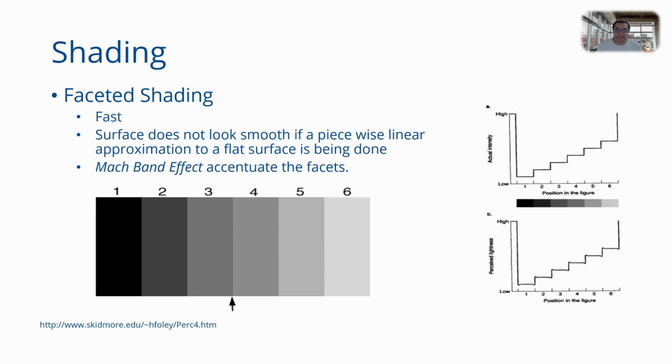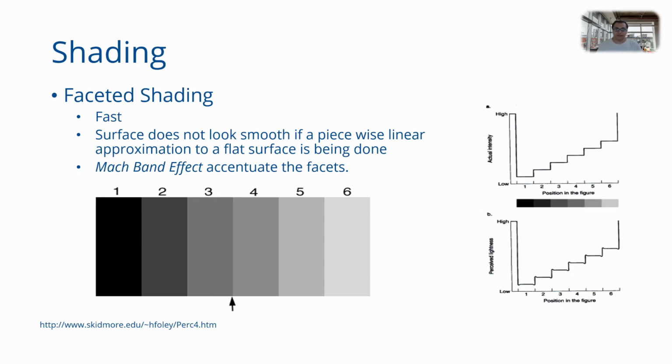Now let us look at some details of faceted shading, Gouraud shading, and Phong shading. Faceted shading is fast. However, the surface does not look smooth if a piecewise linear approximation to a flat surface is being done.